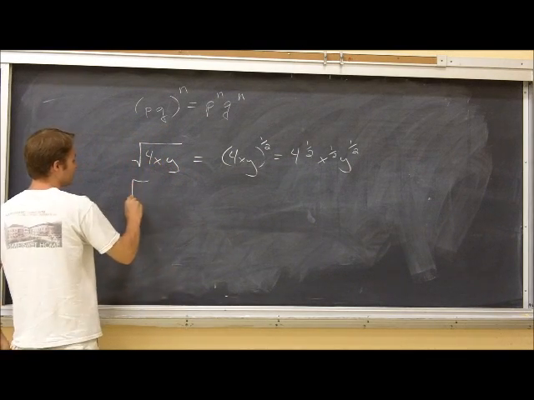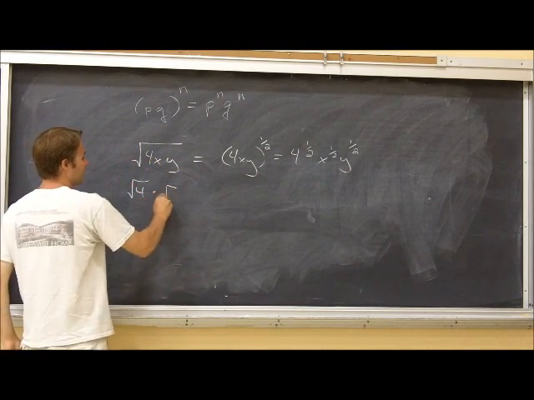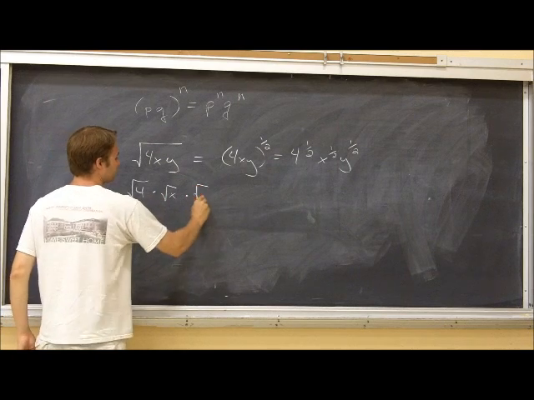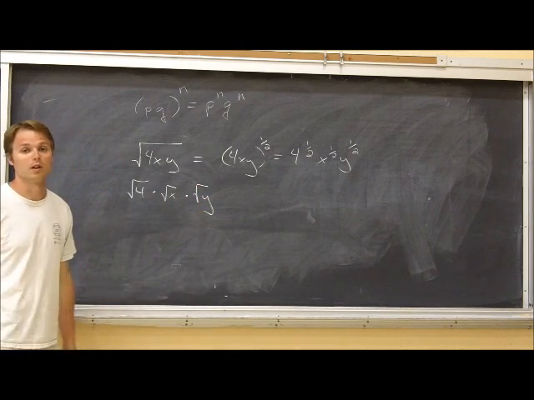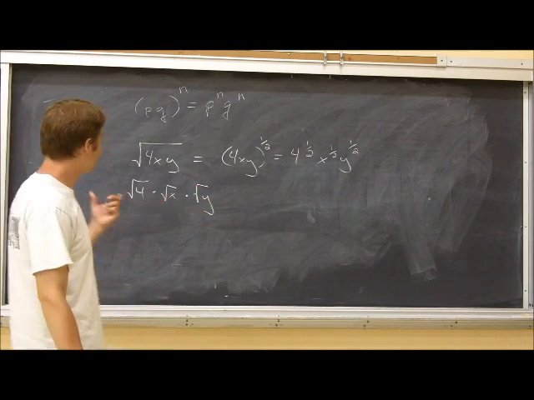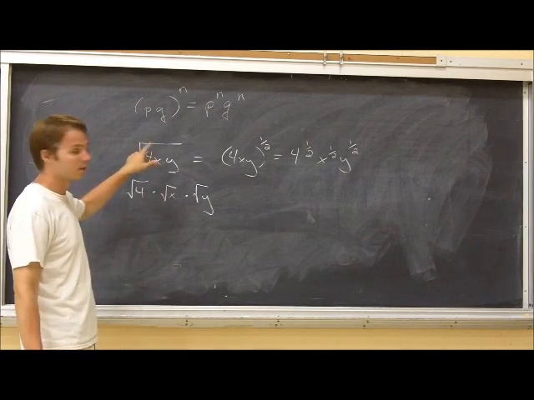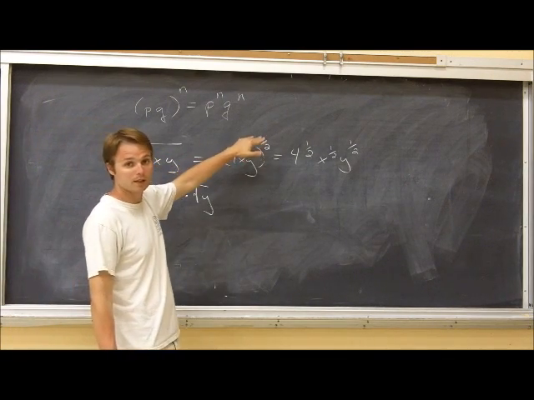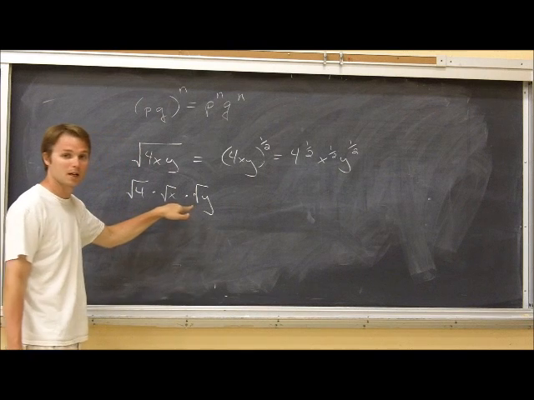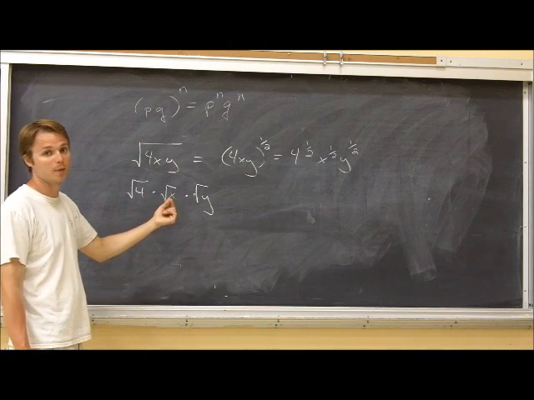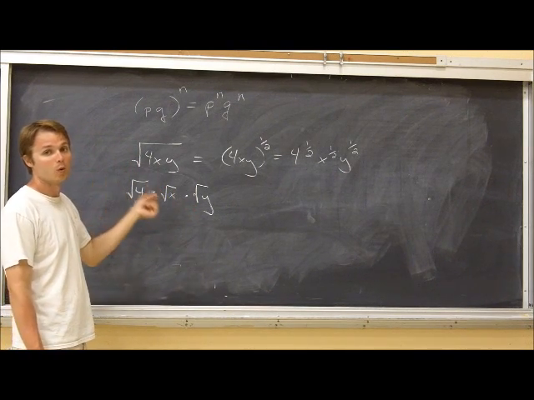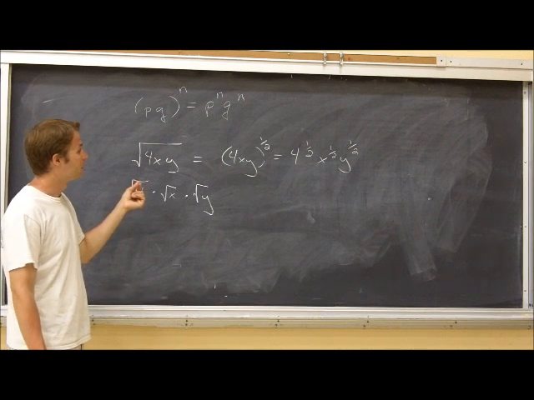Or I could have just thought of this as the square root of 4 times the square root of x times the square root of y. So since the radical sign, square root in this case, could be thought of as an exponent, we can in fact break it up like this when it's over something that's being multiplied or divided.